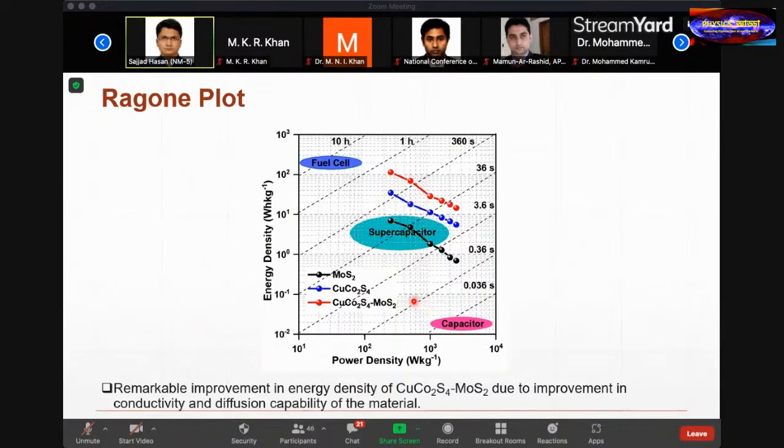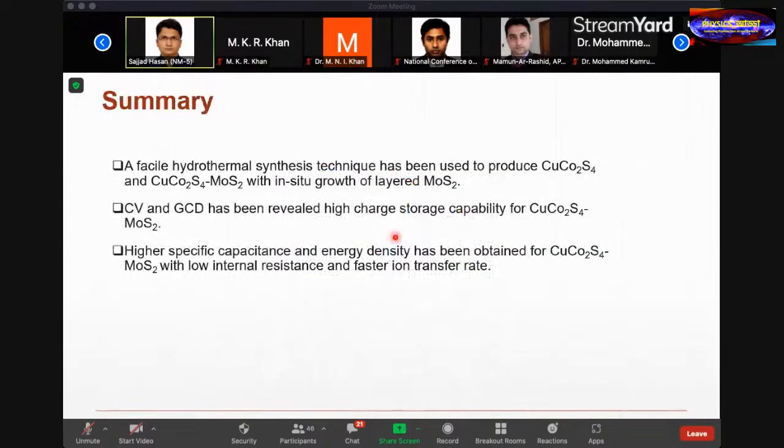This improvement in conductivity, and the high specific capacitance and ion diffusion rate of the nanocomposite, is responsible for such improvement in energy density.